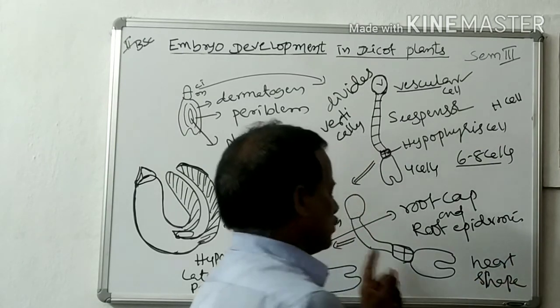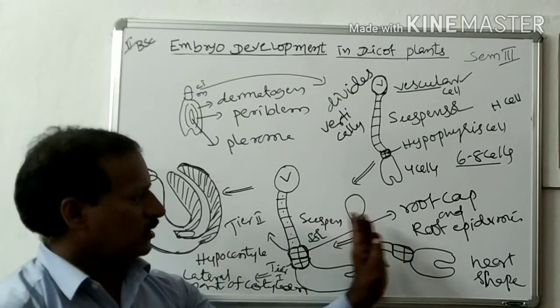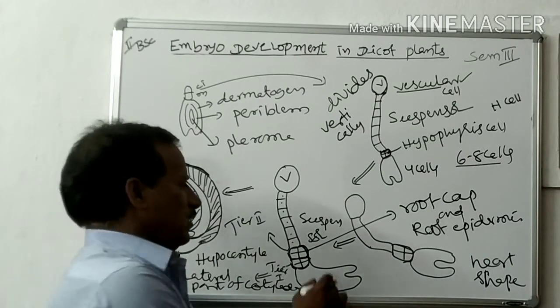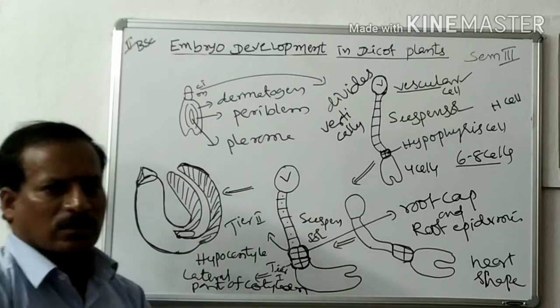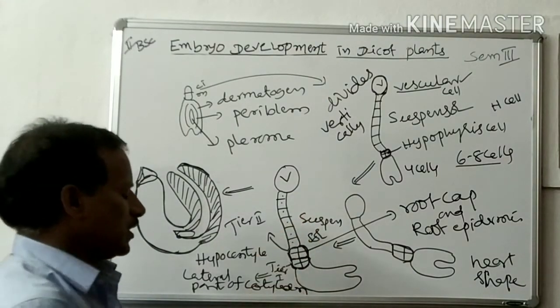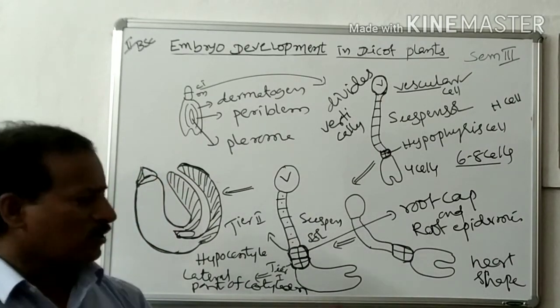During these developmental stages, the embryo is in heart shape, and the suspensor is established. The suspensor absorbs food materials from the surrounding tissues, and that is responsible for supplying food materials to the developing embryo.